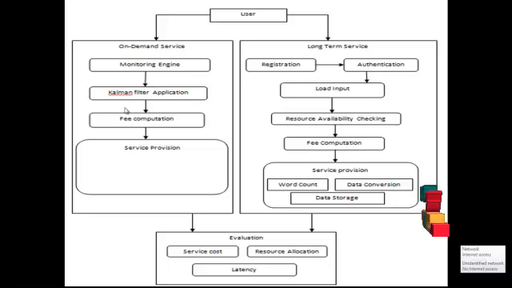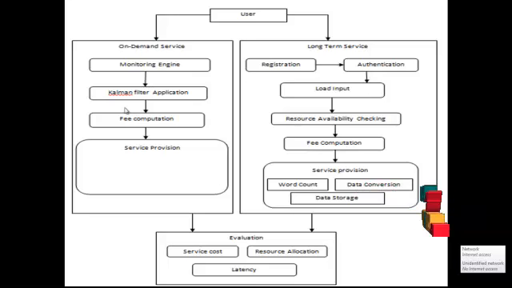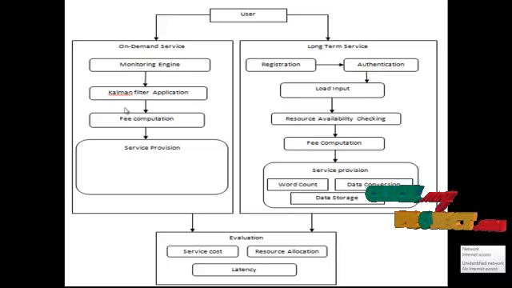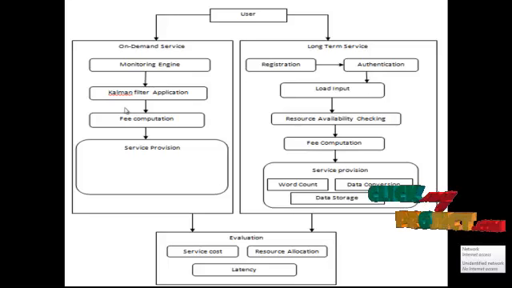Using this service provision, we can provide all kinds of services like word count, data conversion, data storage. If the user requests a long-term service, the user has to register.